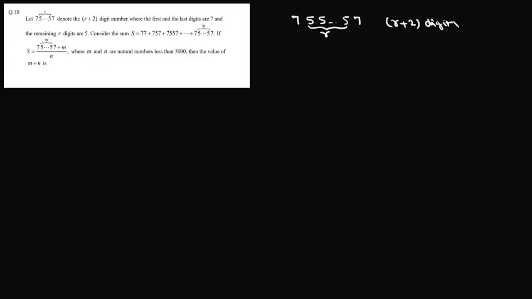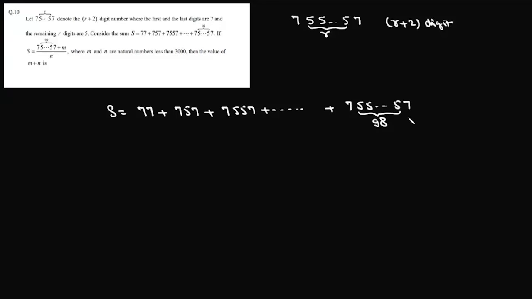So consider the sum, which is 77 plus 757 plus 7557, and goes all the way up to 75557, and here we are taking them 98 times. So basically it's a 100-digit number.